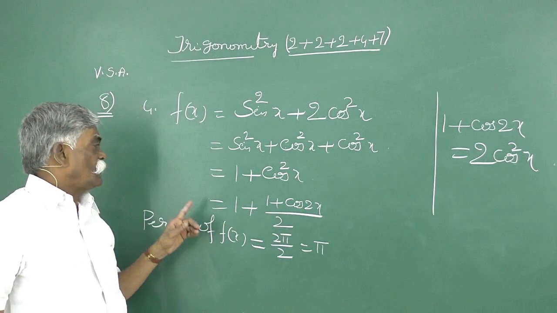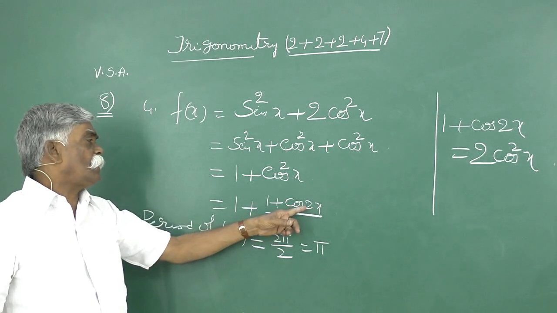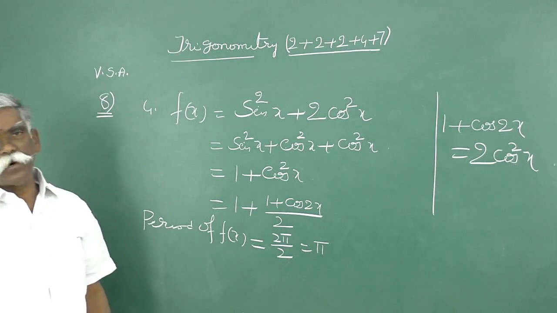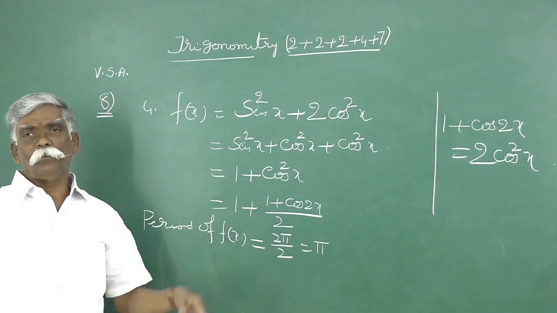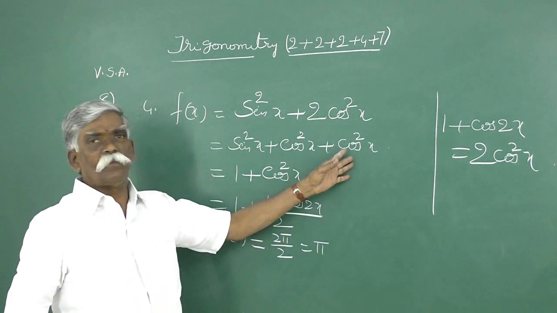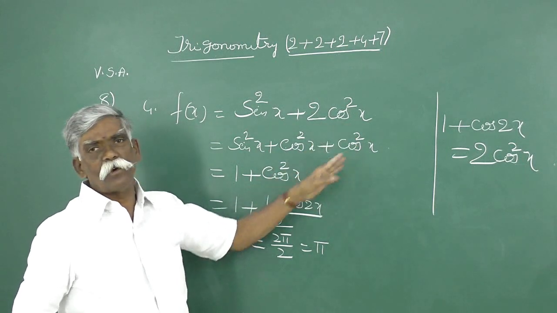So originally the period of cosine is 2 pi and here the coefficient of x is 2. Therefore, it is 2 pi by 2 equal to pi. So, the main important point to find the periodicity of any trigonometric function is that the angle must be expressed in terms of multiples of something, but square should not be there.